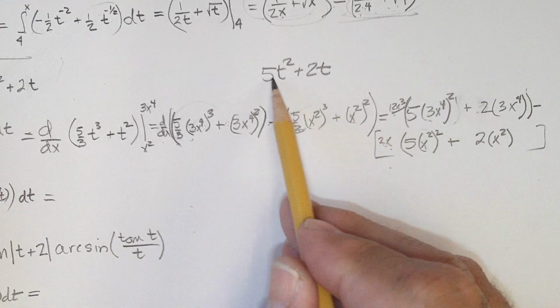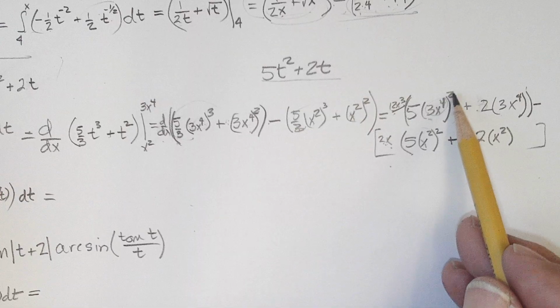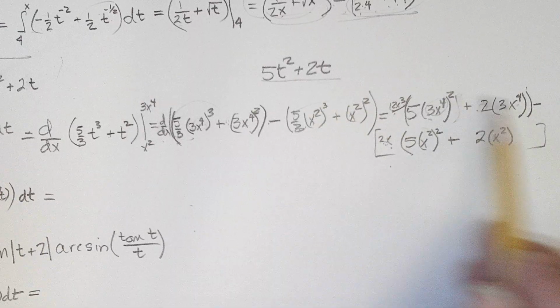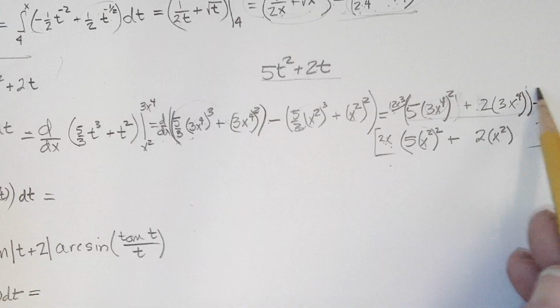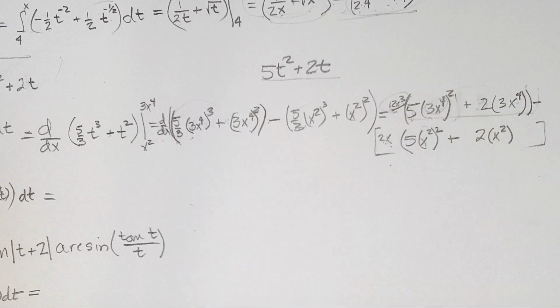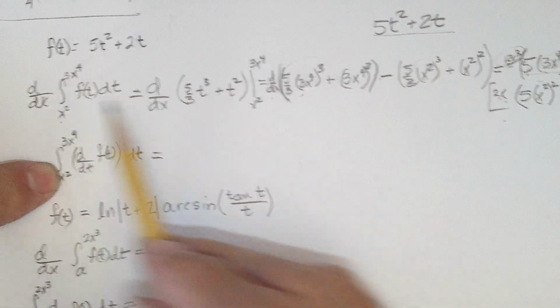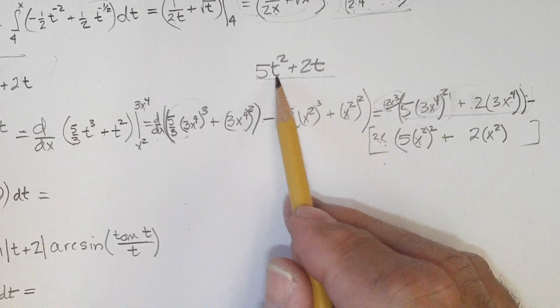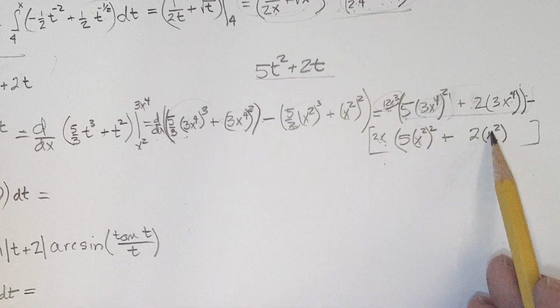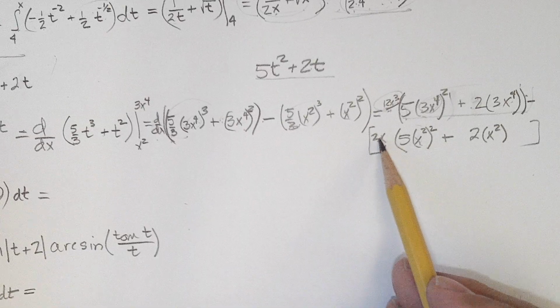Notice I've got exactly that, 5, that in for the t, squared, that in for the t. I got exactly the same thing, except that I had the derivative of the inside times that. Minus, and then I had to put x squared in, and that's what I ended up doing, putting x squared in for those, but I had the derivative of the inside, the x squared here.